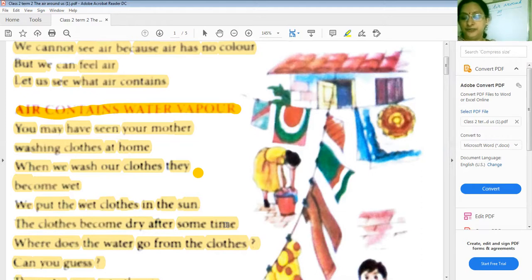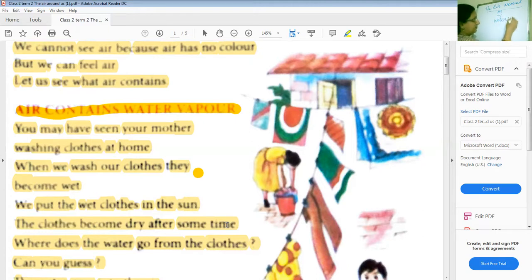Because of the heat of the sun. And where has the water from the handkerchief gone? It has gone into the air. And what is it called? The water that has gone into the air is called water vapor. What is it called?